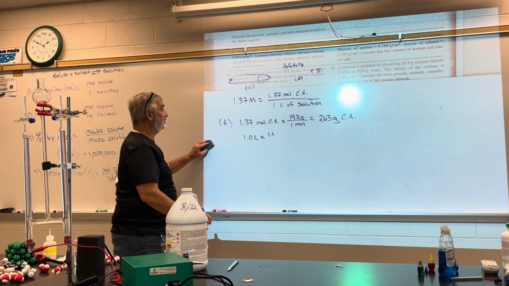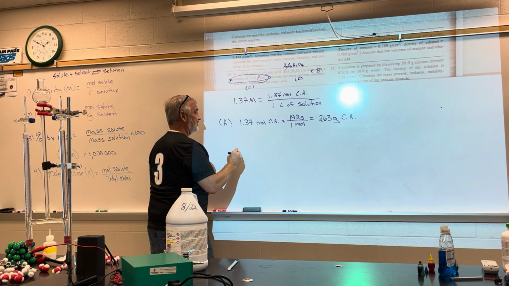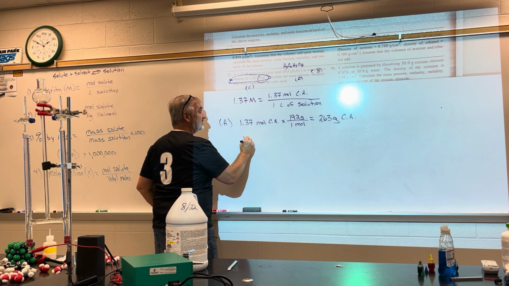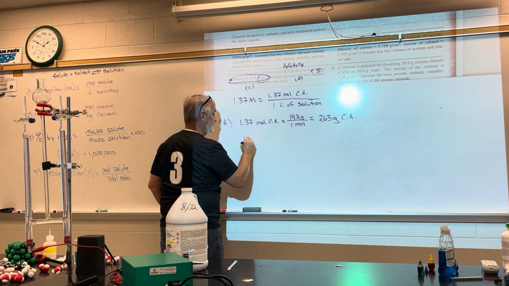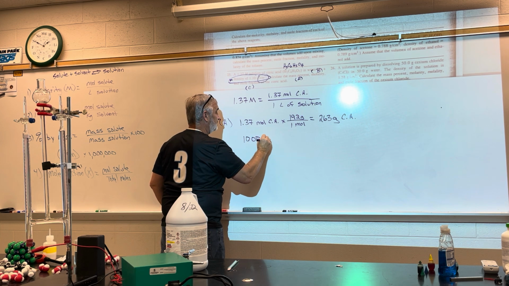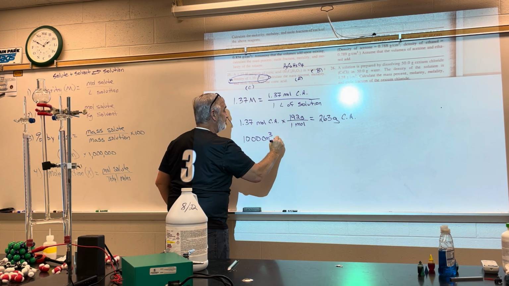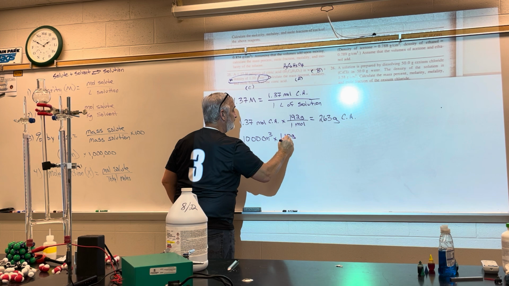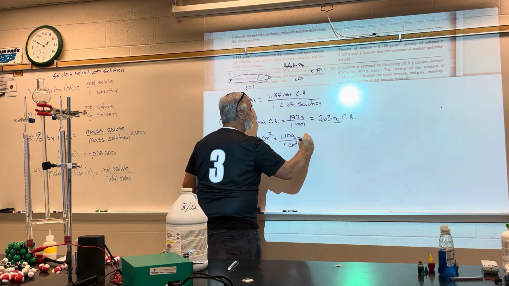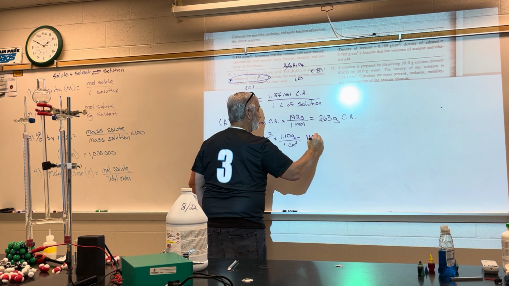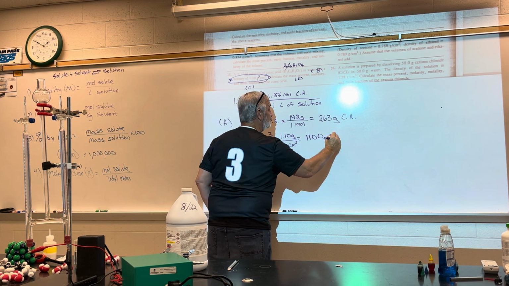Milliliter? How many milliliters is it going to be? No, it's 1 milliliter equals 1 cubic centimeter. Okay, so a liter is going to be 1,000 cubic centimeters times 1.10 grams over 1 cubic centimeter, which means that I have 1,100 grams of solution.